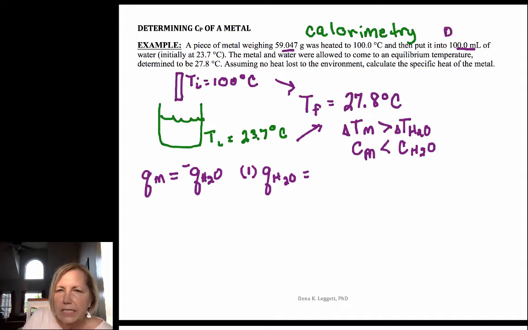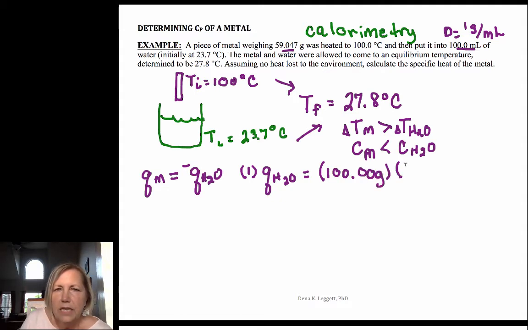If it's not specified, you always assume that the density of water is 1 gram per mL. So that means I have 100.00 grams of water. Problems will give you the specific heat of water. I don't make my students memorize it, but there it is. I would give that to you if you're mine, just FYI.